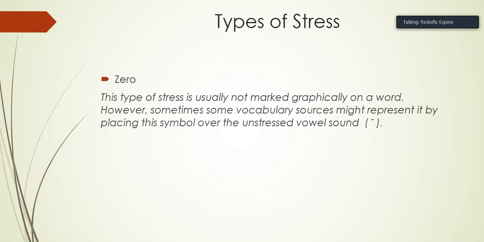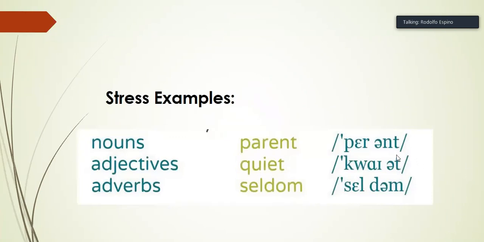Anyways, this is just about stress. As you can see, this is mostly the system that we find in pretty much almost all the dictionaries, okay, which is the one with apostrophe, okay?